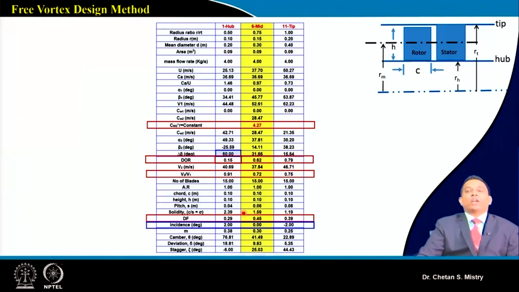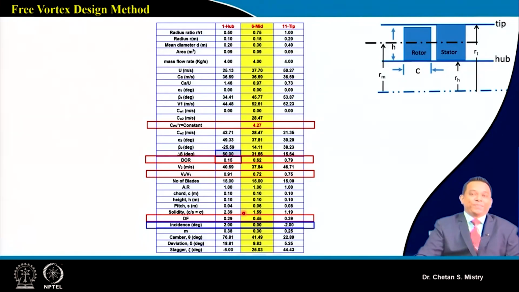From the mid station calculation, we have done our calculation for CW into R, that is equal to constant. And from that constant value at different radii, we see how my CW2, that is at the exit of my rotor, varies at hub and tip.